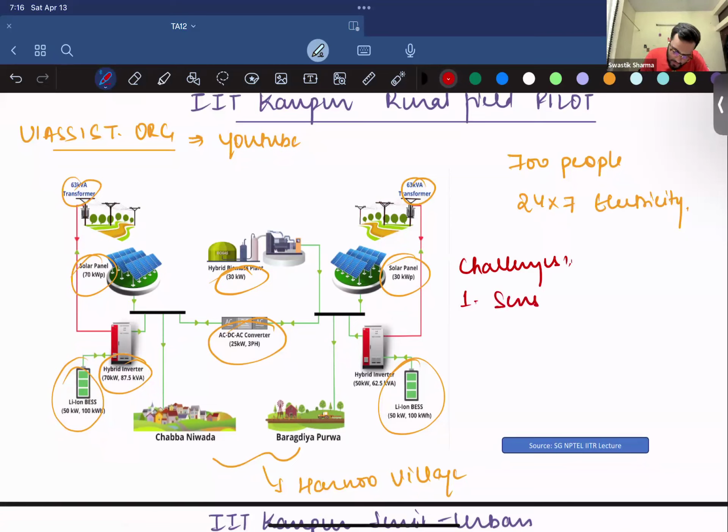So sensitizing was something that needed to be discussed. And the other thing was, since it was the village's land, approval for the land was also something which was tough.